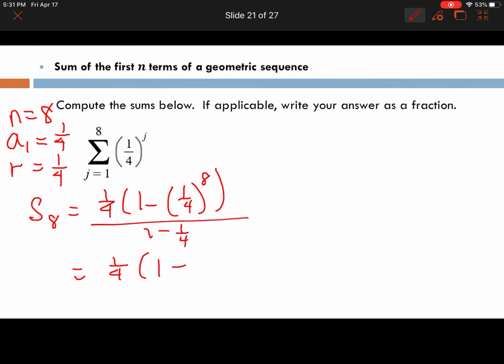So this is going to be 1 over, so I got 4 to the 8th is 65,536 over 3/4.